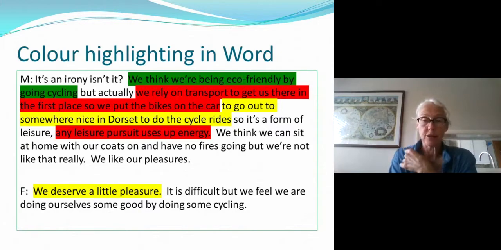The bits in red are to do with the energy intensity of the activity, in terms of putting bikes against cars, and they even say that any leisure pursuit uses up energy. And then the yellow bits are to do with their leisure motivations. So this is to do with people's cycling as a leisure activity.